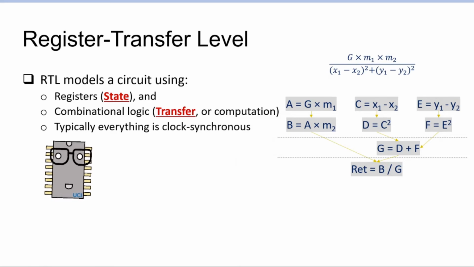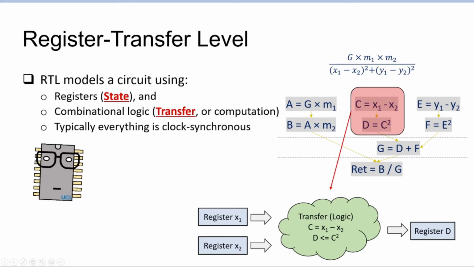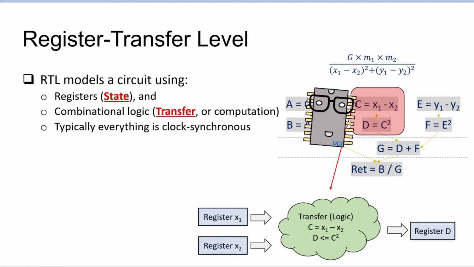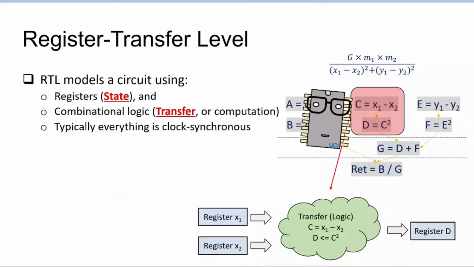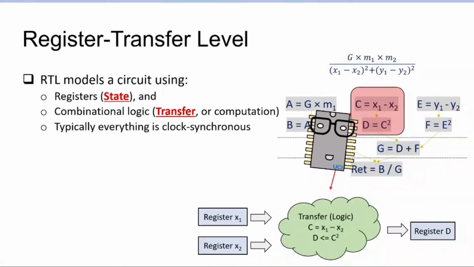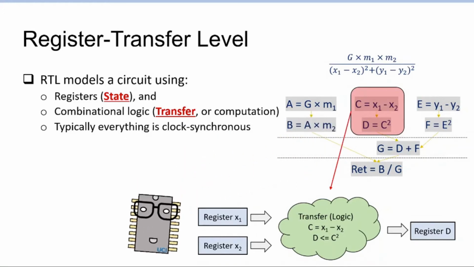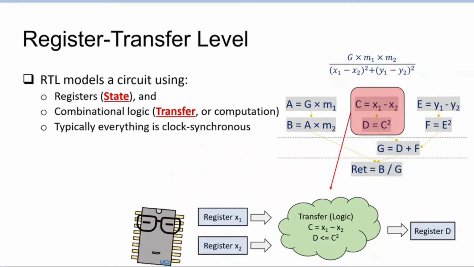And we can look at one of these paths. Let's say we look at this path. We take x1 minus x2, label that C, and then store C squared into a register D. The RTL representation looks like this. There are two registers, so state, the R part of RTL, which are x1 and x2, which should be stored across clock boundaries because everything is clock synchronous.